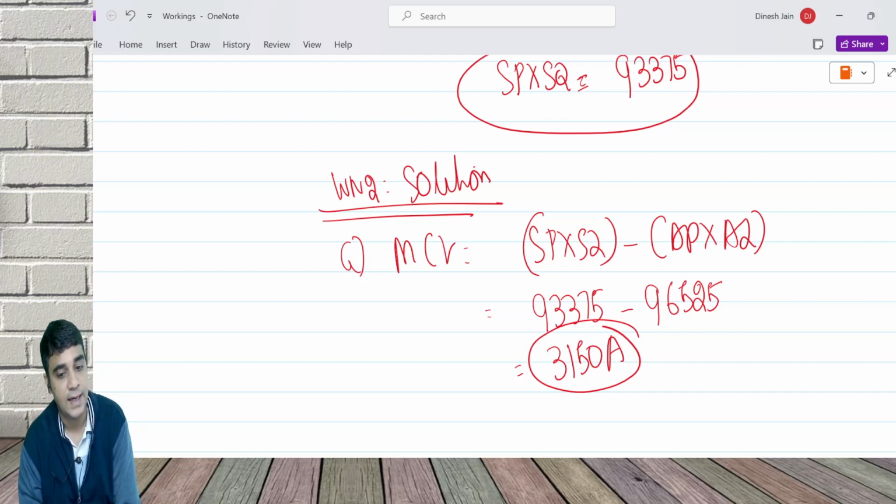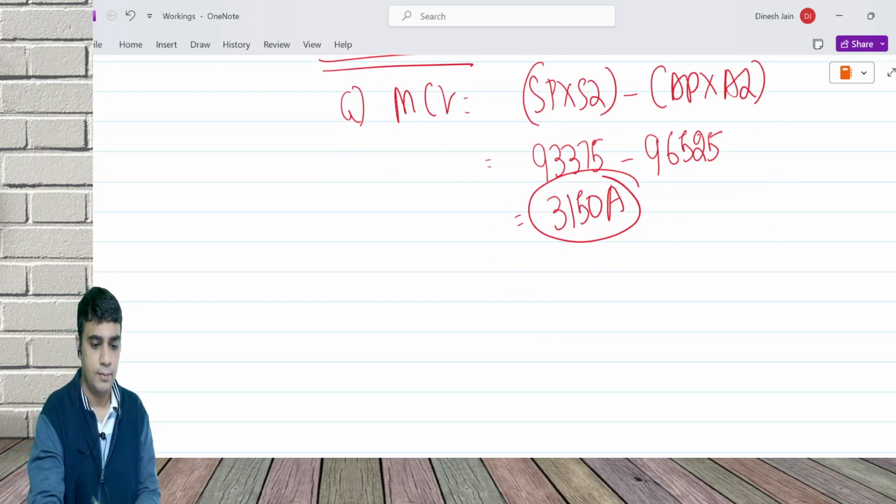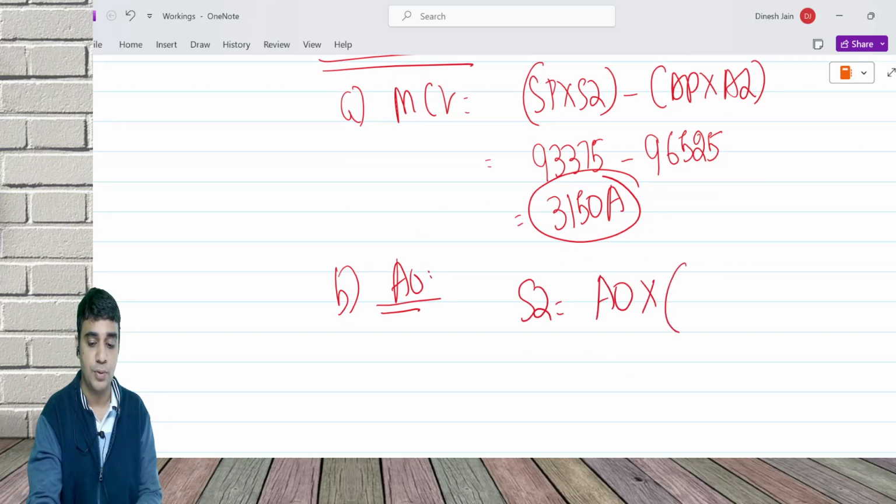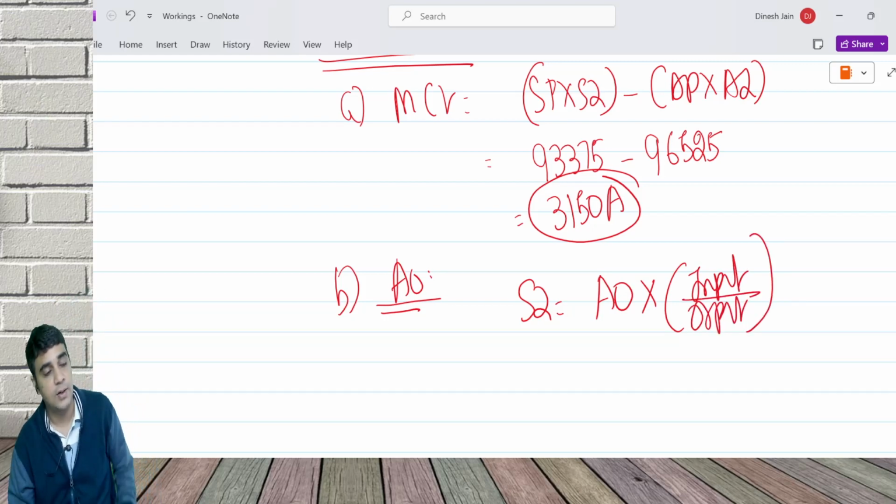So considering the sign, if you put a total, you will get 3,150 adverse. 3,150 adverse you should get for price and usage put together. Any doubts on this? What's the second requirement? Now for actual output, let me write the formula. SQ is equal to AO into input by output. This will give me the actual output. Standard quantity is equal to actual output into input by output.